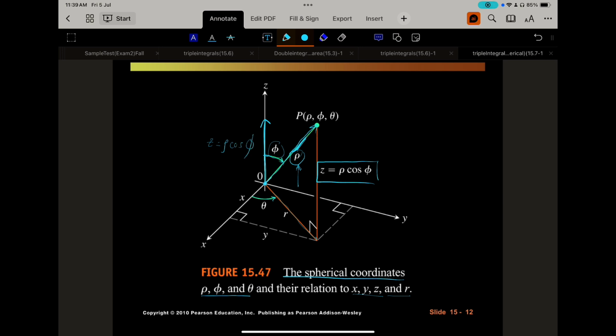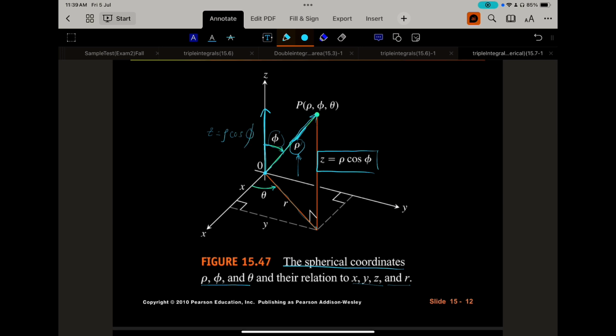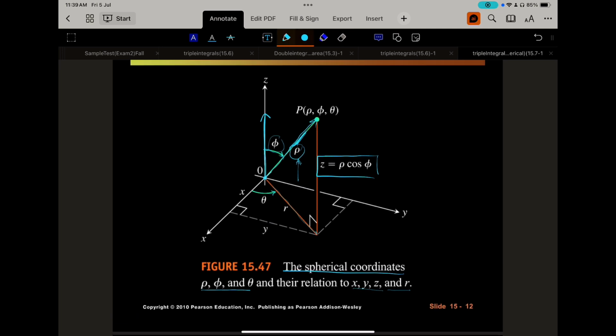Okay, and if we want to find x and y, we're going to look at how to find those. There is a relationship, it's simple. We want to find this line, which is the opposite side, and this is the hypotenuse. The xy line, r, is going to be rho sine of phi. Now, how can we relate r to x and y?